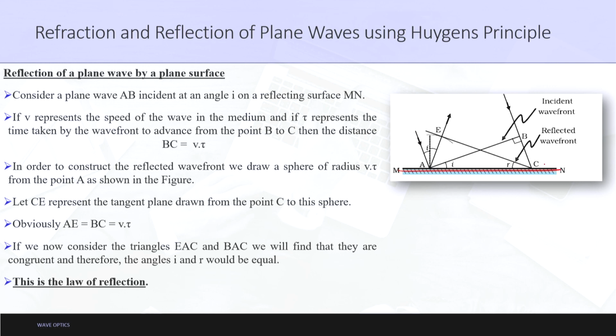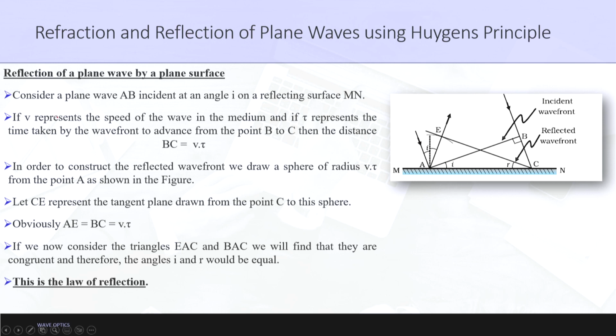Let MN be the surface which has the reflective properties, let AB be the incident wavefront, and let EC be the reflected wavefront. The incident wavefront is happening at angle of incidence i, and the reflected wavefront is moving away at an angle r. So, now let me explain to you the complete concept.